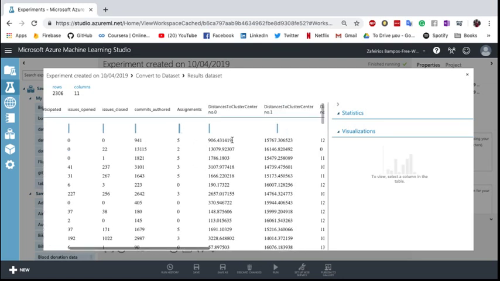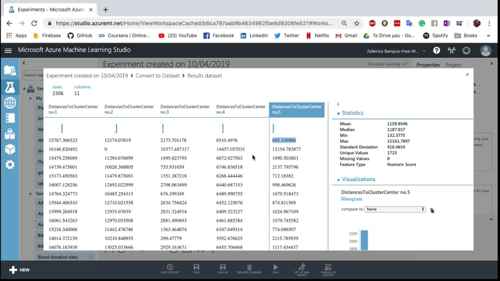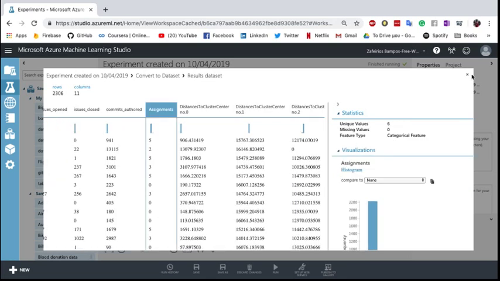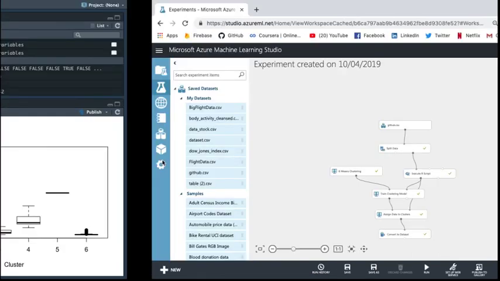And the distances, you can see the actual distances for each cluster. And as you can see, for the fifth cluster, it's the smallest one, so it matches the fifth cluster. Okay, that was it for Azure Machine Learning Studio, and now back to the hardcore coding with R.